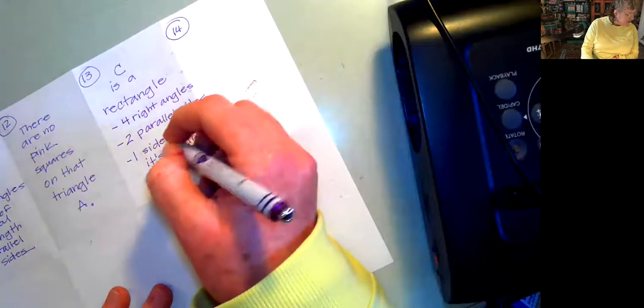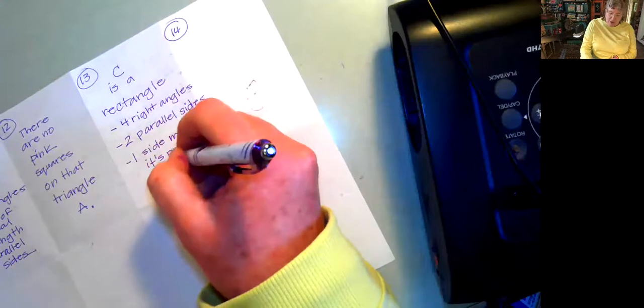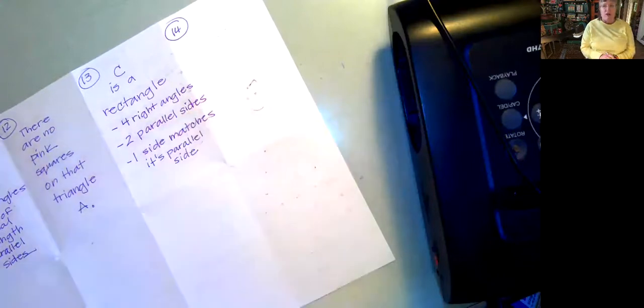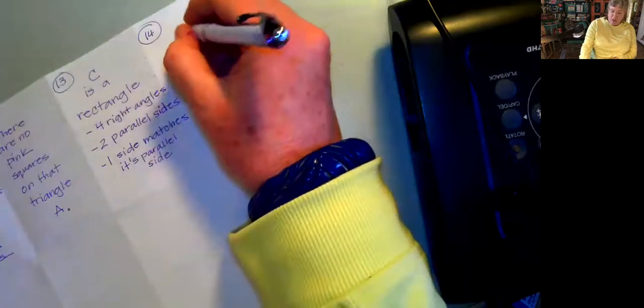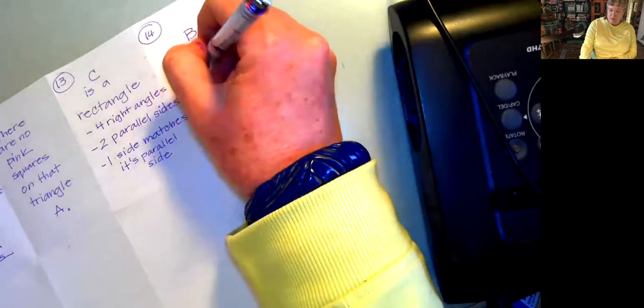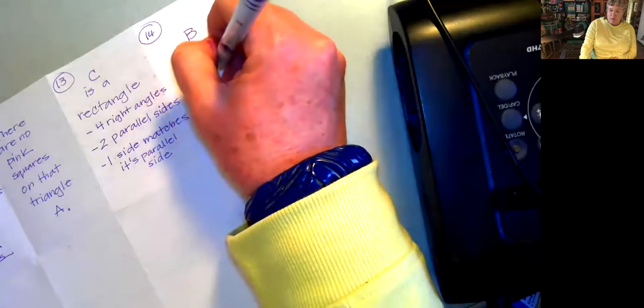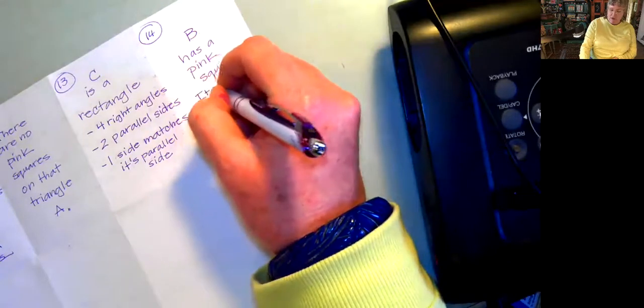In other words, there are 2 tick marks on the 2 parallel sides and 1 tick mark on the other parallel sides. So one side's longer than the other, but it matches the opposite length. Which figure, if any, is the right triangle? Well, we said B has a pink square. It is a right triangle.